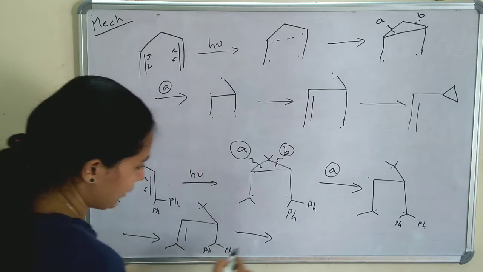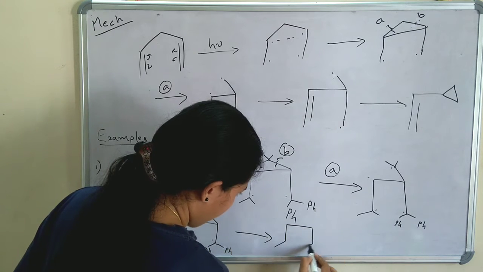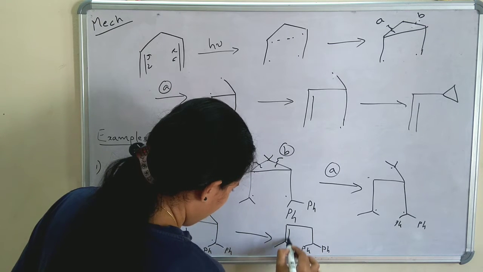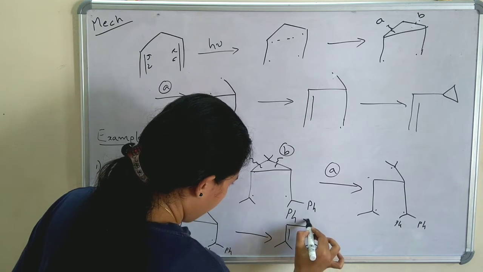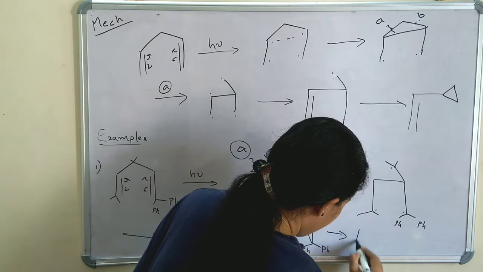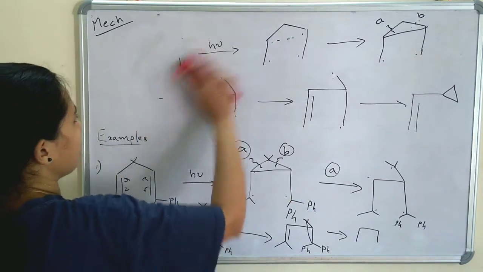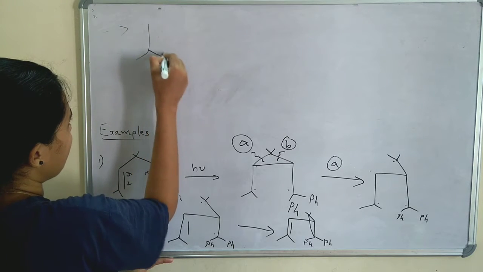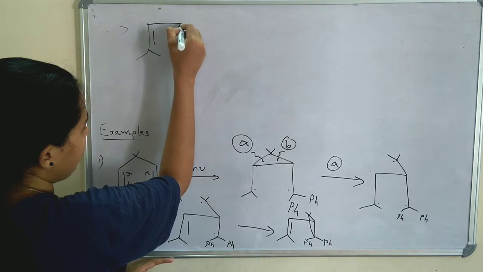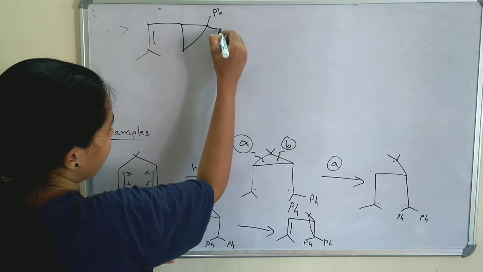So this will make a cyclopropane ring. So the product is Ph, Ph, and this is making a cyclopropane ring. So we can write this as a double bond, then a cyclopropane ring with two Ph.